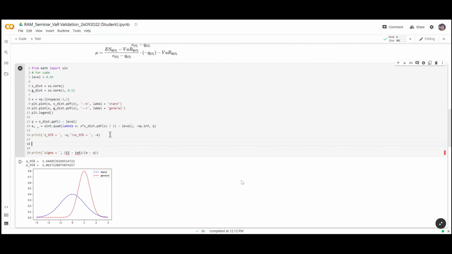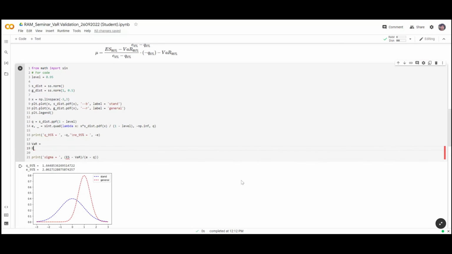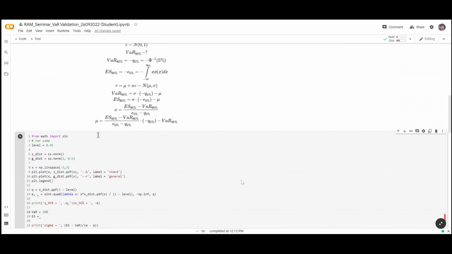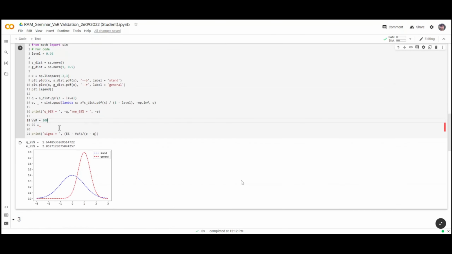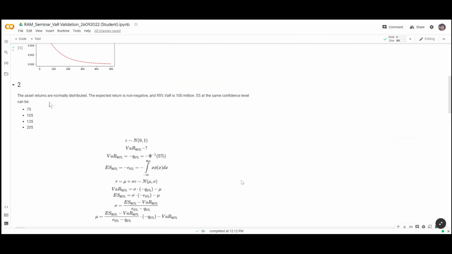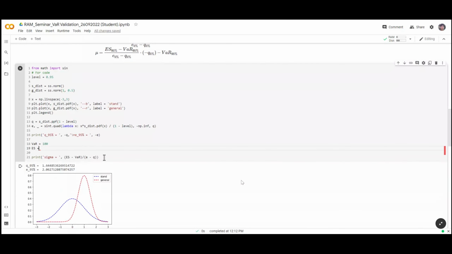And what we're going to do, we're going to specify VAR and expected shortfall for general distribution. Well, VAR is known, it's just 100, right? Yep. And we should check these values for expected shortfall. Okay. I'm also going to write the same expression for mu.